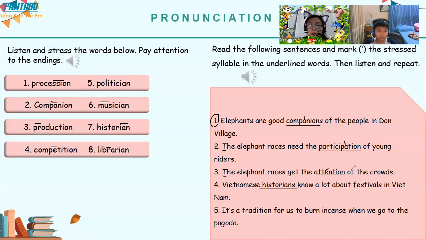Number 4. Vietnamese historians know a lot about festivals in Vietnam. Number 5.